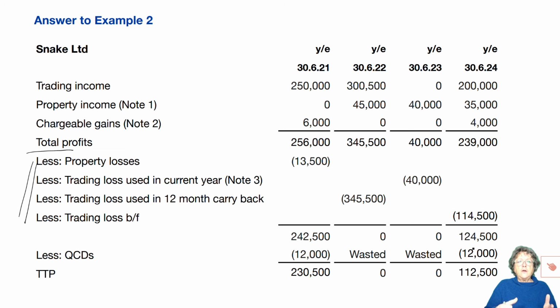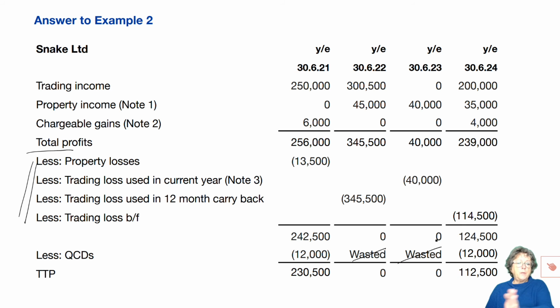If they are not needed, because you're doing this on a spreadsheet, you can remove those 2 and write wasted in, because that's the technical term for not using them. Okay, don't put nil, write wasted. You obviously won't be able to cross through on the spreadsheet, so remove them. Okay, you'll get an extra half a mark for that.